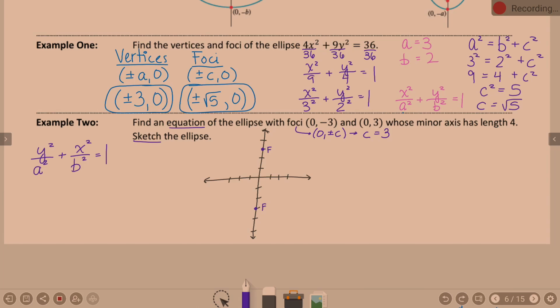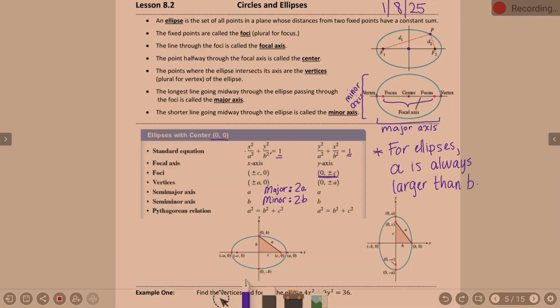Now, okay. So we know right now, since this is a right column, my ellipse is going to be tall, yes? It's going to be taller than it is wider. Minor axis has length 4. What's it say about minor axis up in your chart? On their chart, it says the semi-minor axis is B. And what did I essentially tell you then?